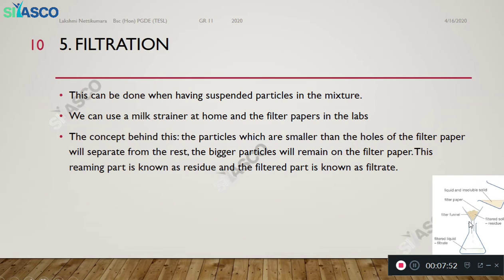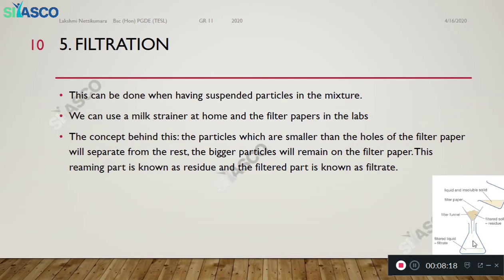Here we put a funnel with a filter paper, and keep a conical flask underneath. So what we have to do is pour this liquid, the muddy water, into it and let the water filter through the filter paper.